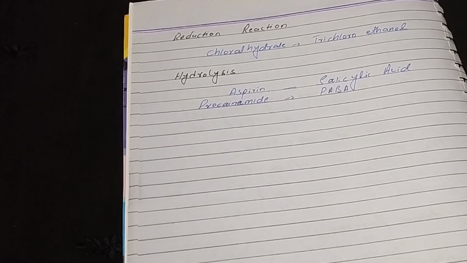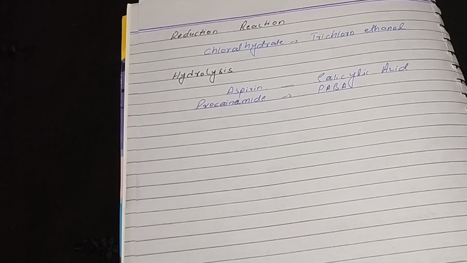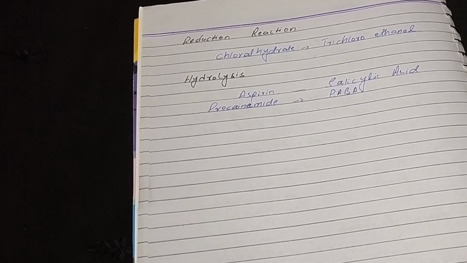Third we have acetylcholine, which is a neurotransmitter. Atropine, which acts as an anticholinergic agent. Diacetylmorphine, which acts as a narcotic analgesic agent. Phenytoin, which acts as an anti-epileptic agent.